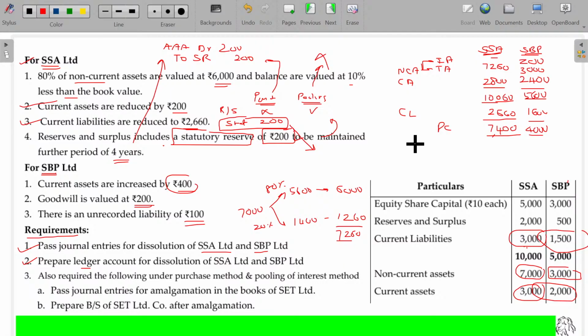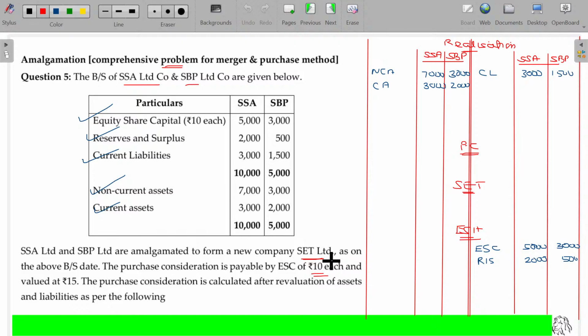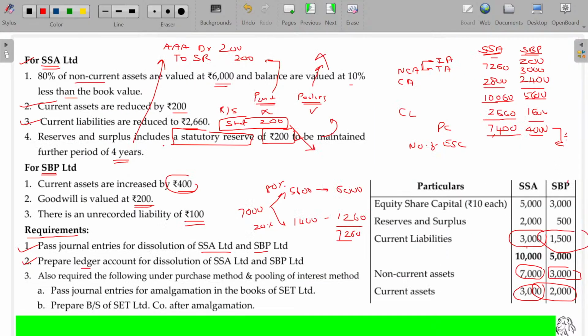Number of shares offered in this case, every share costing rupees 15, 10 but valued at 15. So divide this by 15. Now come on, tell me. I think you will be getting fractional shares. How many shares? 493.33 shares.